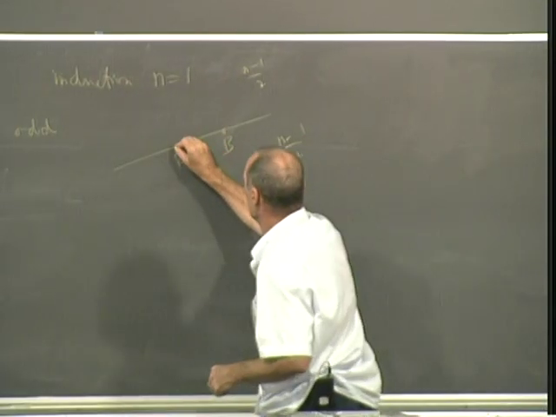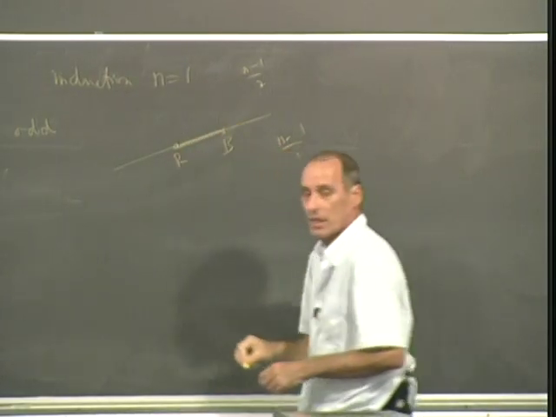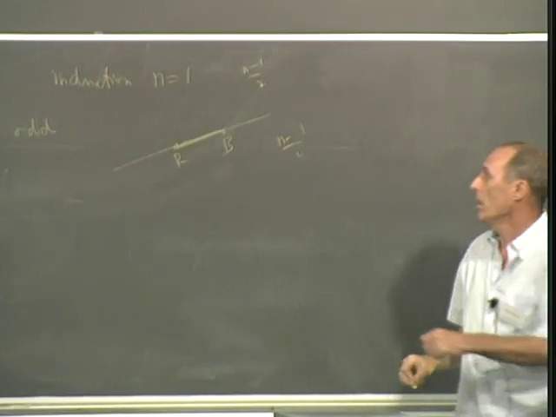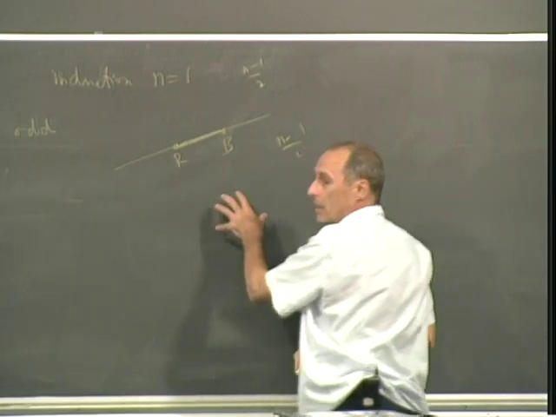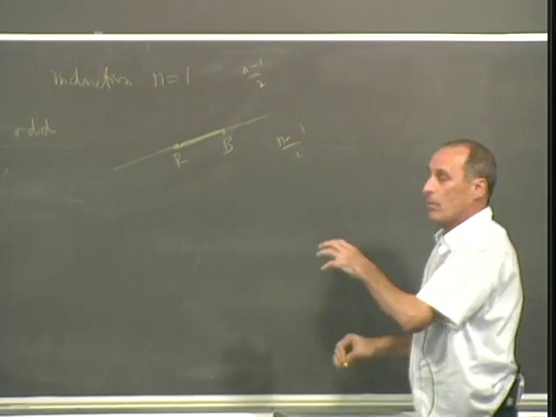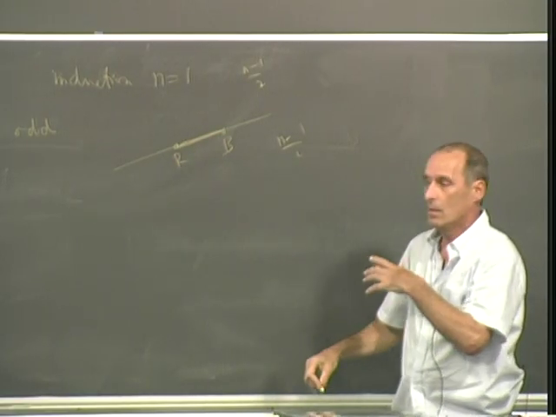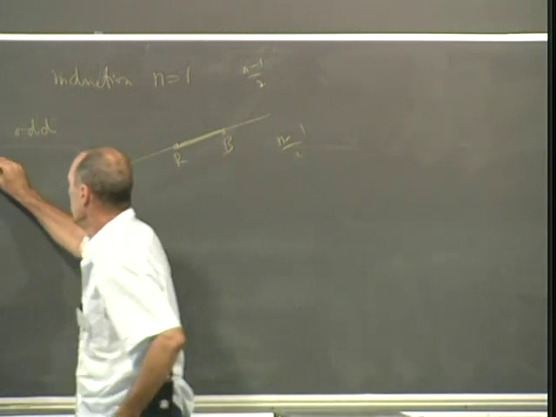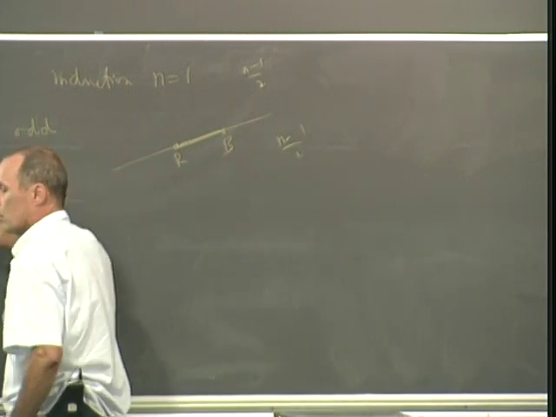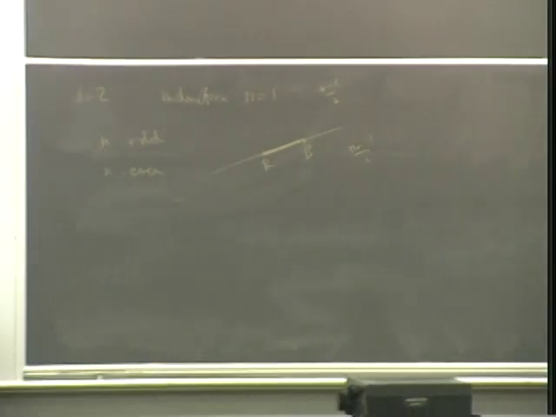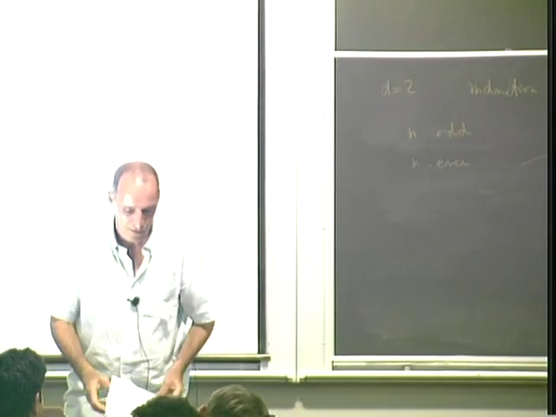Now you match up these two. This is your set S1, and you apply the induction hypothesis up there and down there separately. They will not intersect this one anymore, or the ones below. And for n even, you figure out what to do. It's the same thing.